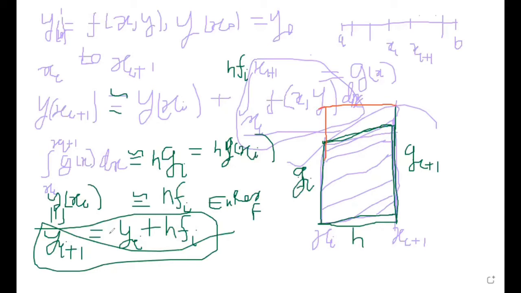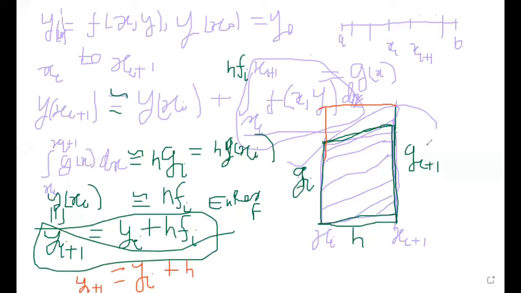Going in the same way, we will get that yi plus 1 will be equal to, tell me what value we will have. yi plus h times, now we are taking the approximation from the upper side, so h into this height.